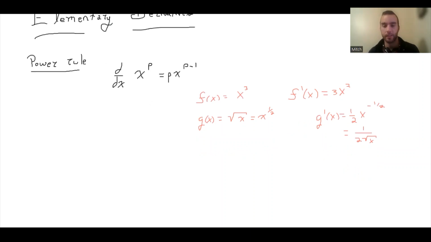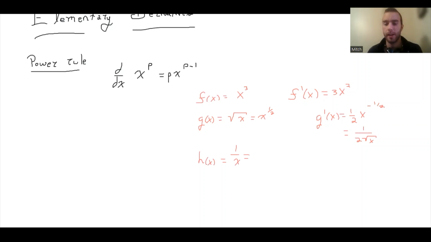So this is going to equal 1 over 2 root x. And lastly, the last example that I want to emphasize is these reciprocal functions. If we have h of x equals 1/x, anything in the denominator is a negative exponent.